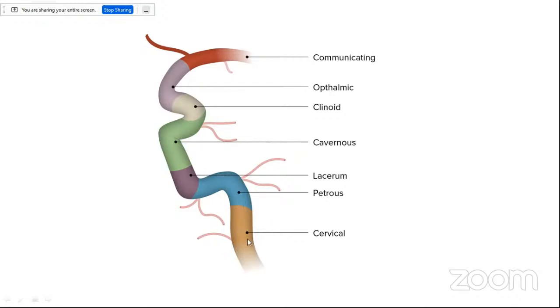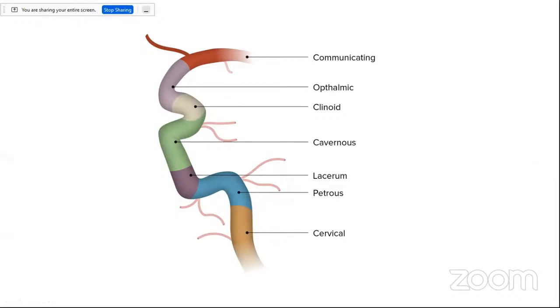Then the internal carotid artery passes into the petrous temporal bone, where it is called the petrous segment of the ICA, followed by a very short segment overlying the foramen lacerum, so it's called the lacerum segment. Then it courses intracranially within the cavernous sinus, and there it has a few significant turns that we'll be dealing with. This is called the cavernous segment of the internal carotid artery.